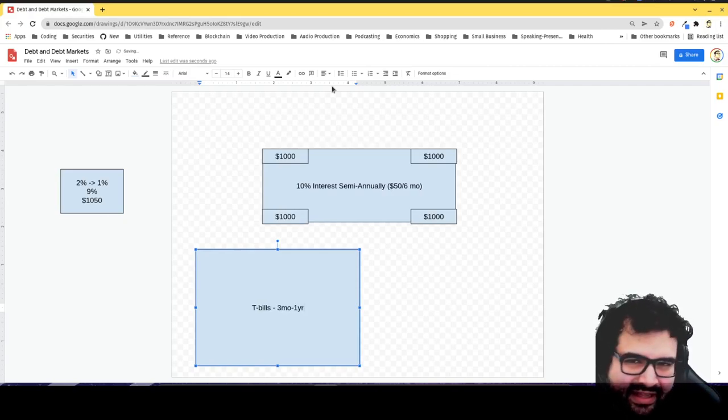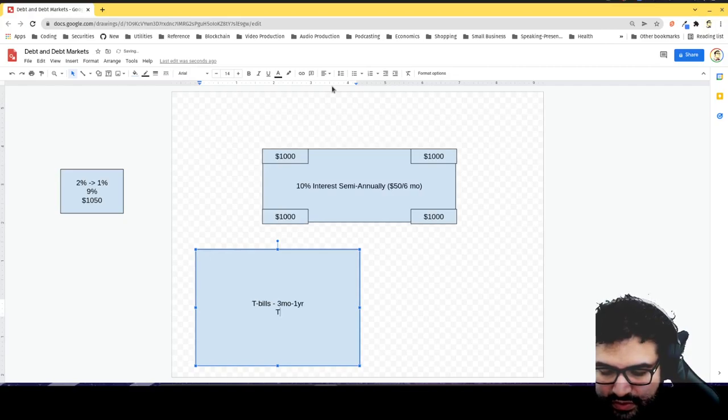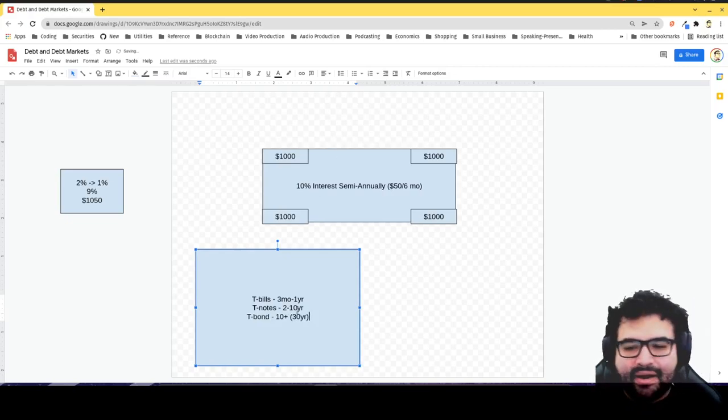Theoretically, they could be up to 2 years. Then you have T-notes, which have a maturity of 2 to 10 years. And then anything over 10 years is a T-bond, which is generally just a 30-year. Okay, 10 plus, but really it just means a 30-year maturity. So the government could borrow its money at any of these tiers.